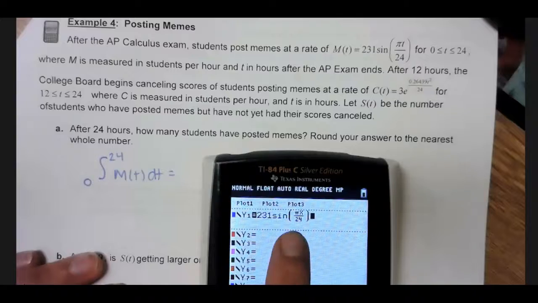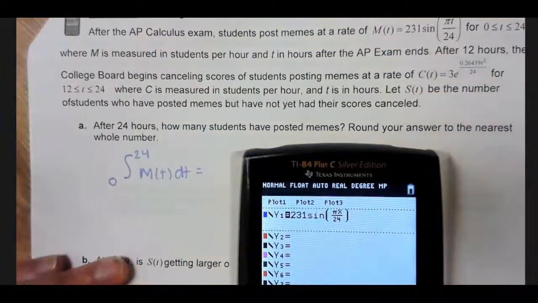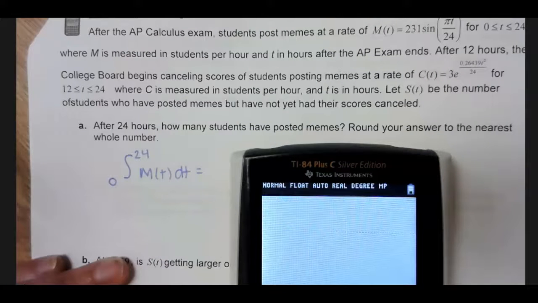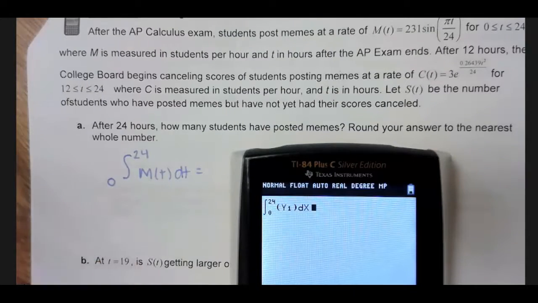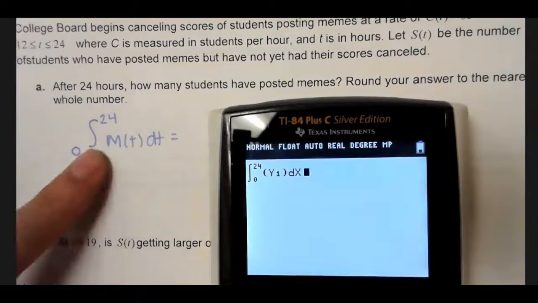Then I would hit second quit, go to Math 9, type my upper, type my lower, use the VARS, Y-VARS, function Y1, so that it puts the equation I put in Y1 in, and I'm integrating with respect to x. So I have my integral on my paper, my integral on my calculator.